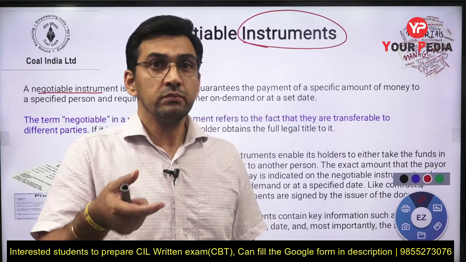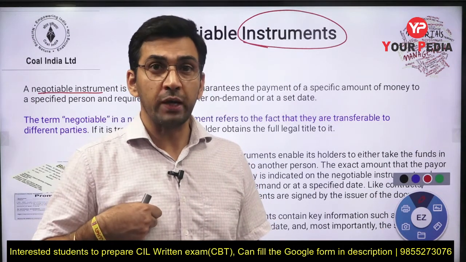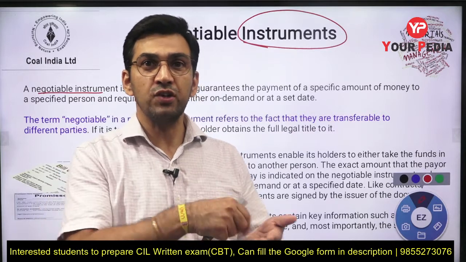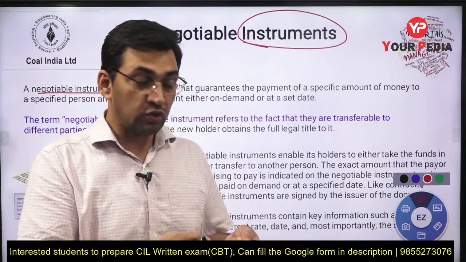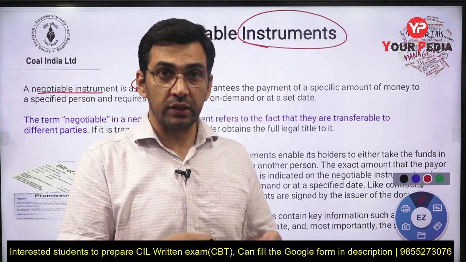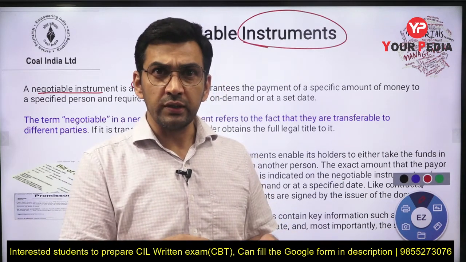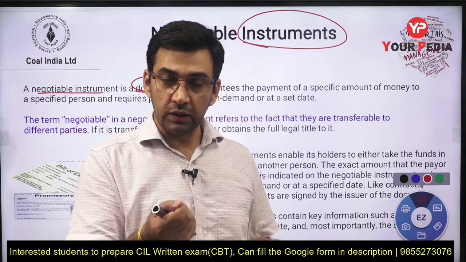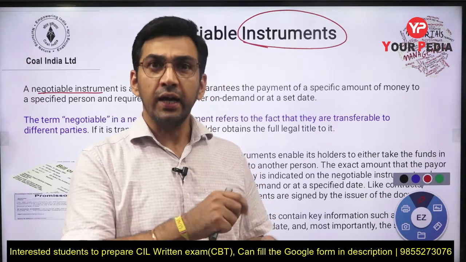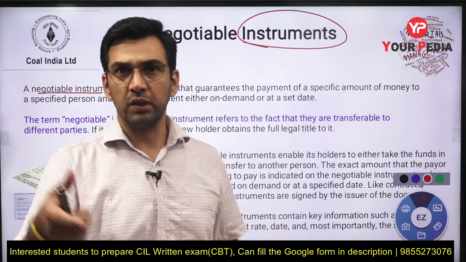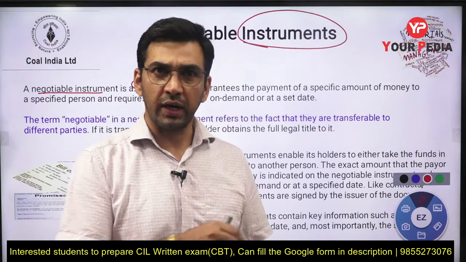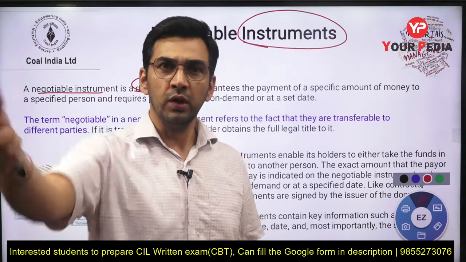If I want to make a payment to someone, I write a check. I have a checkbook with me. The bank has issued that checkbook to me, and that is a document only. I take out one check, and if I have to make some payment to someone, I write that this much amount should be paid to this person.